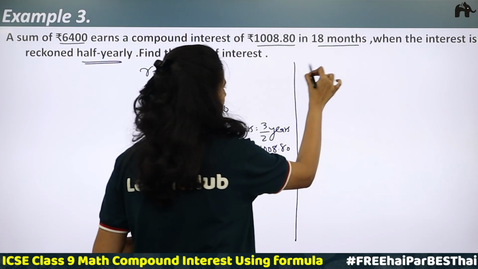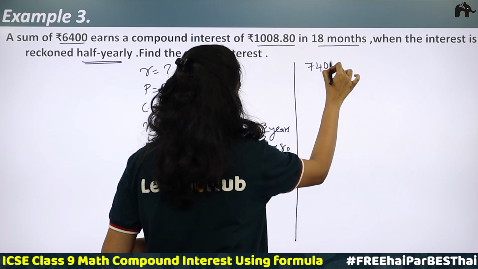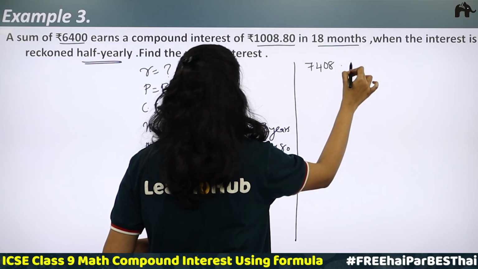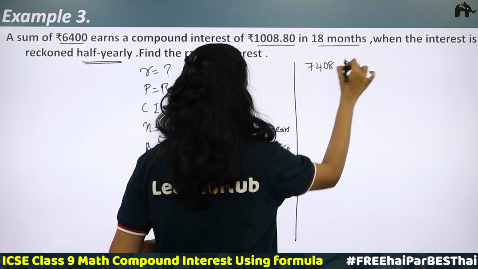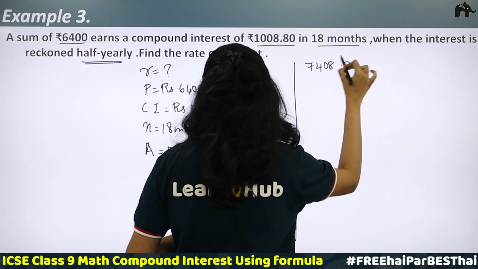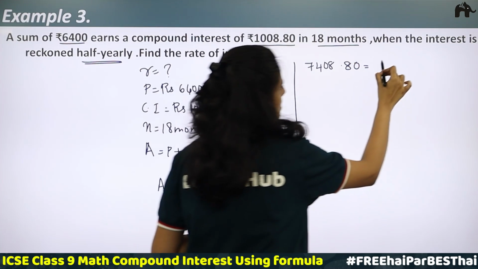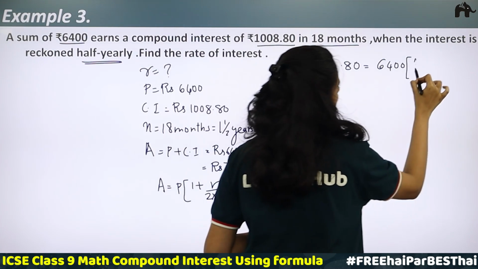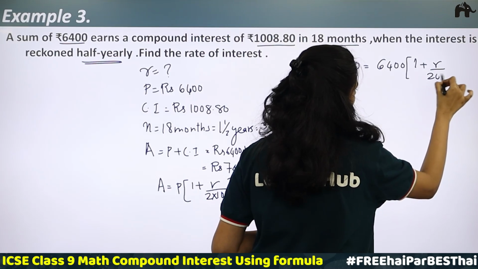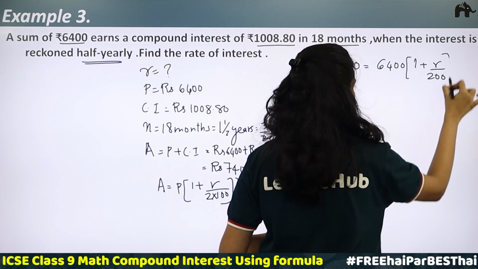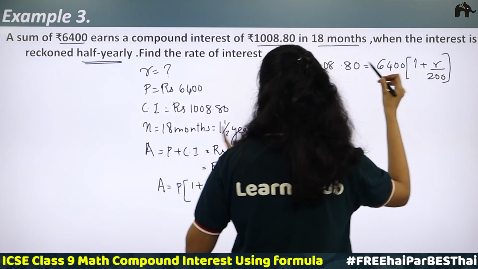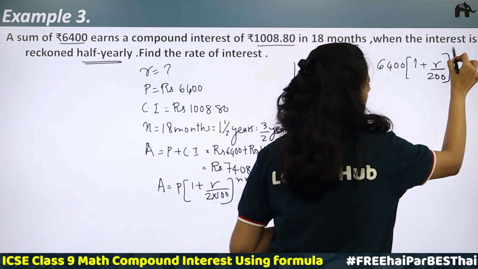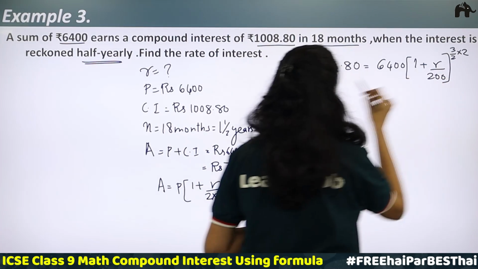So, A is 7,408.80 is equal to P is 6,400 into 1 plus R by 200 raised to N value is 3 by 2, 3 by 2 into 2.